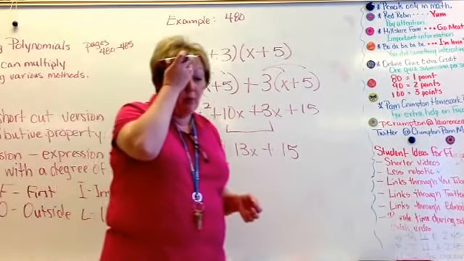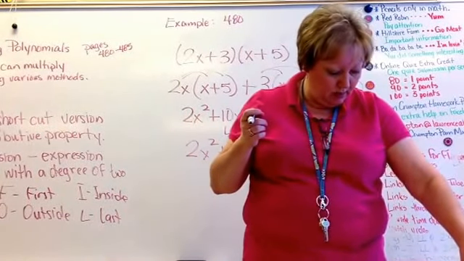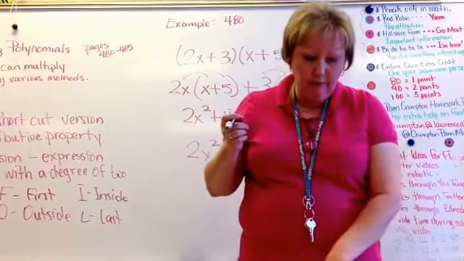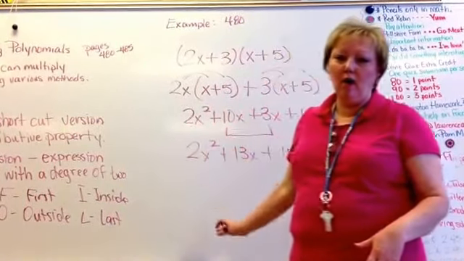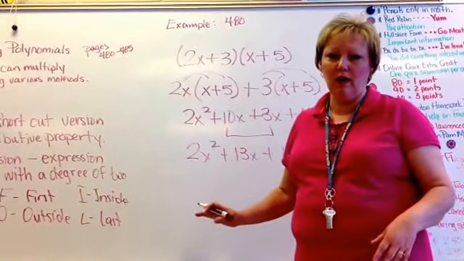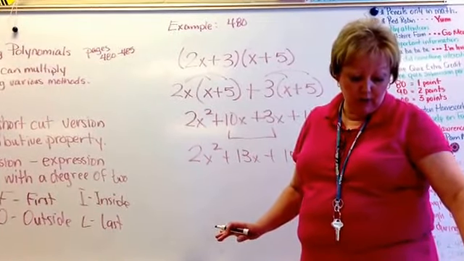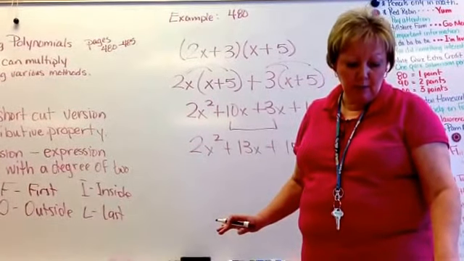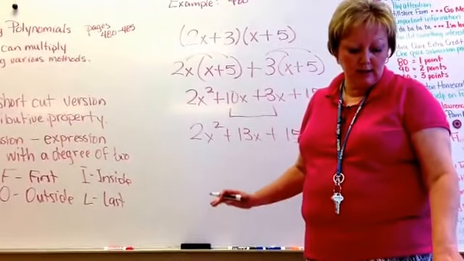There are some more problems on pages 480 and 481. Try those problems, play with all the methods, and see which one you like the best. There is one more example on page 480, and it is the binomial x minus 2, that quantity, times 3x plus 4.